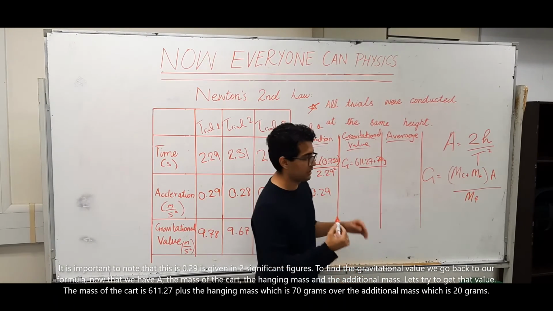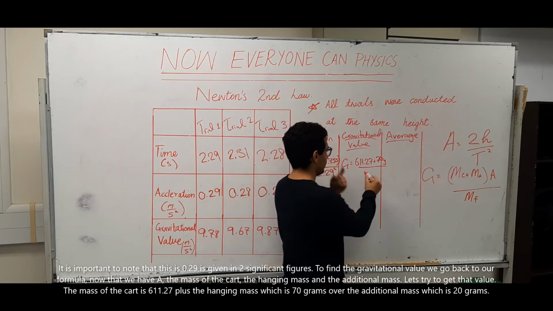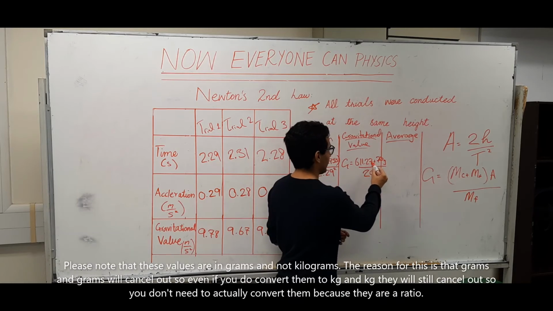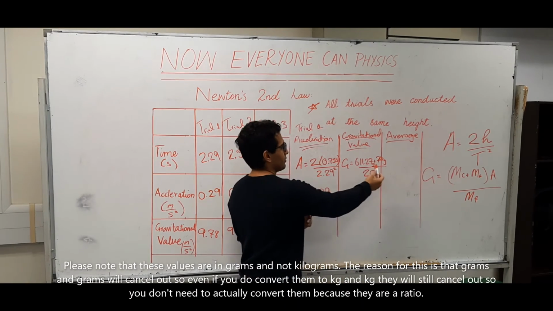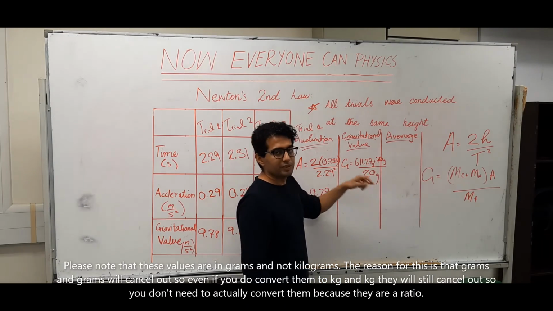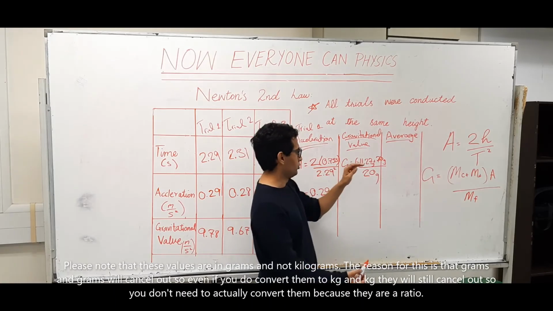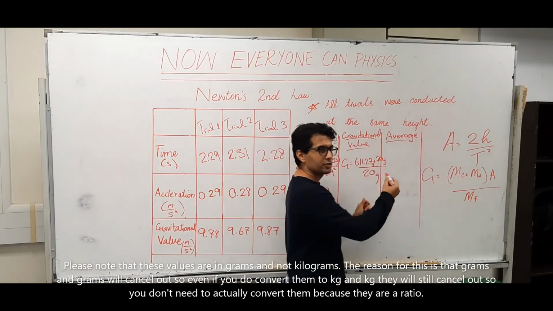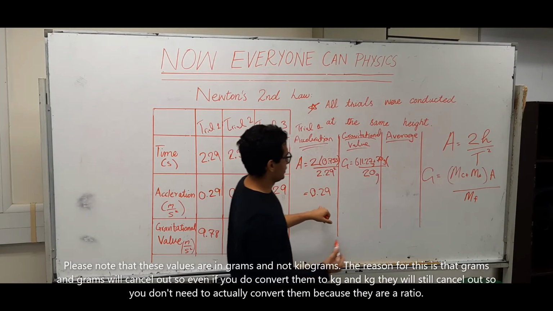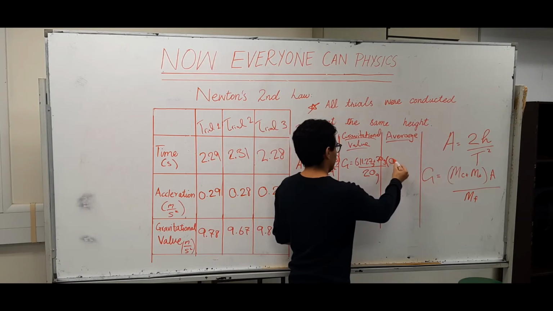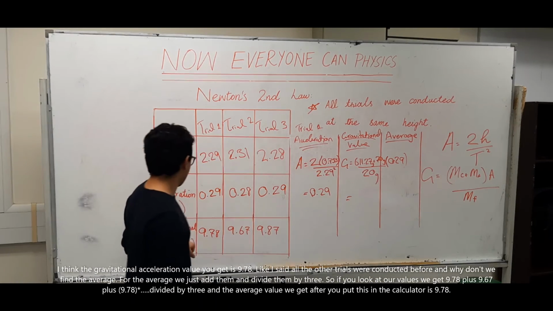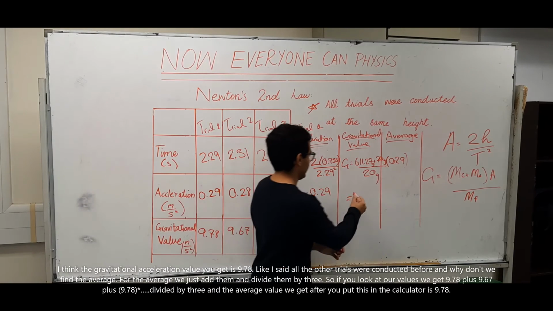For all of them, we kept the same additional mass as we had stated earlier, which was 20 grams. Please note that these values are in grams and not kilograms. The reason for this is the grams will cancel out. Even if you do convert them to kilograms, they will still cancel out eventually. So you don't need to actually convert them because of the ratio. And for the acceleration, we just use this value, 0.29. And the gravitational value that we get is 9.78.